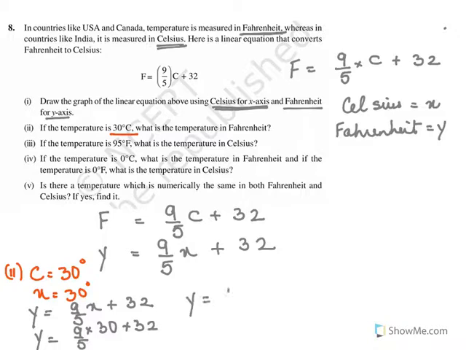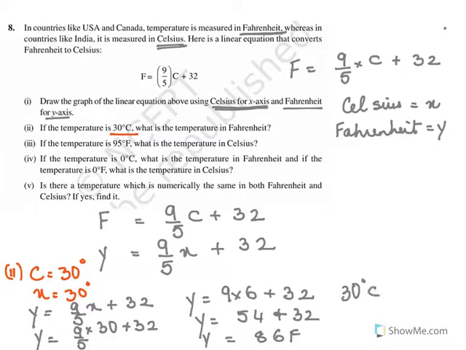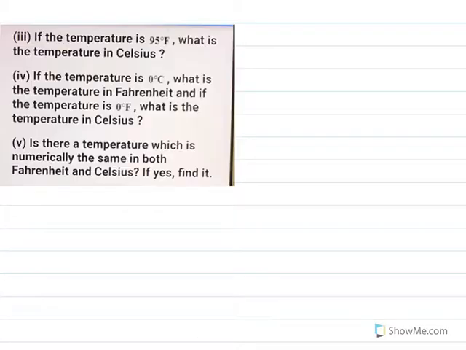So y equal to 9 into 6 plus 32. So y will be 54 plus 32, and your y will be 86 Fahrenheit. So 30 degrees Celsius is equal to 86 degrees Fahrenheit.